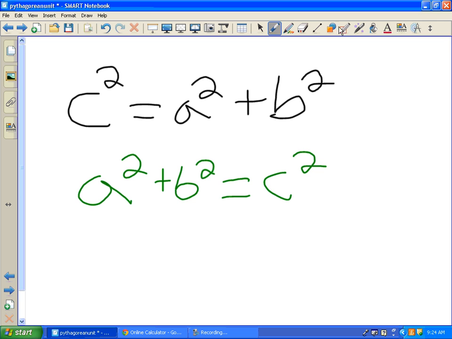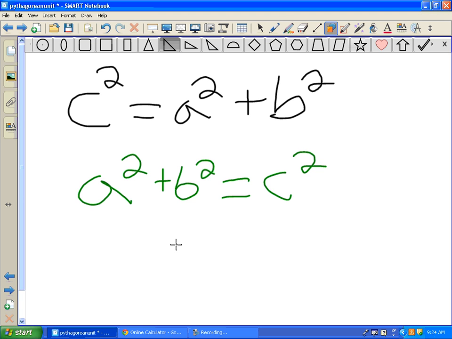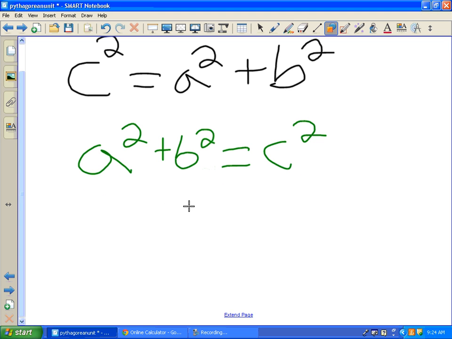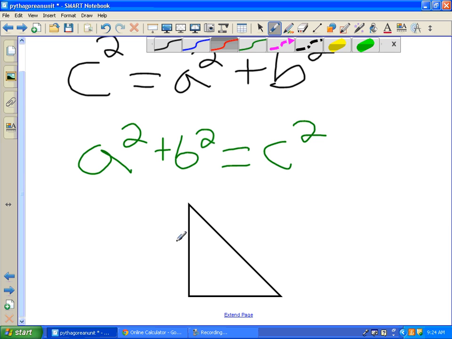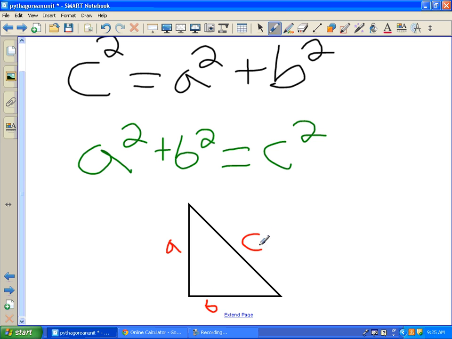If I were to take a triangle, it's got to be a right triangle. So if I take this triangle right here, I'm going to put A right here, B, and C. Looking at this, here's my lovely corner of my right triangle. I'm going to draw my arrow. So this one should always be c squared.